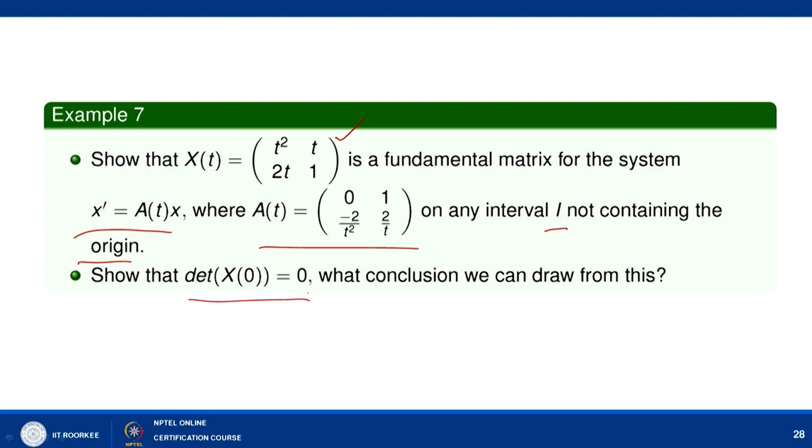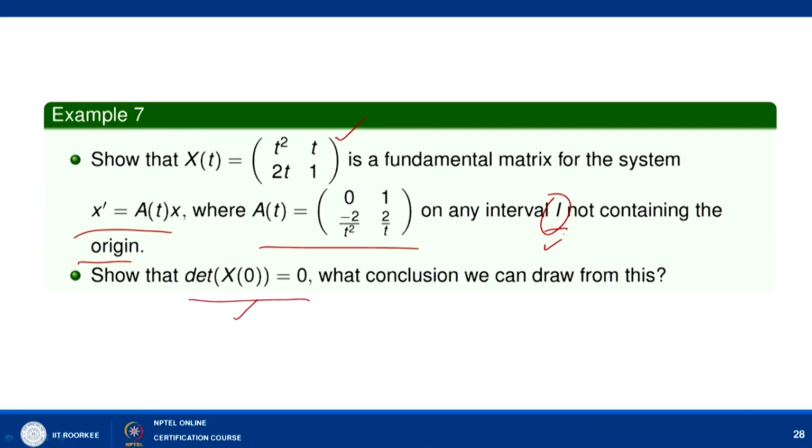But let us assume that we have obtained the solution matrix x(t) as [t², t; 2t, 1], and since the interval I is not containing the point t equal to 0, the determinant of x(0) equal to 0 will not create any problem to the previous result, that x(t) is a fundamental matrix if and only if the determinant of x(t₀) is non-zero, because t₀ is a point of this interval I, and 0 does not belong to this interval.